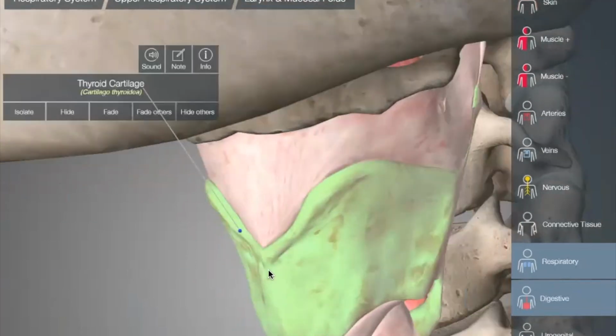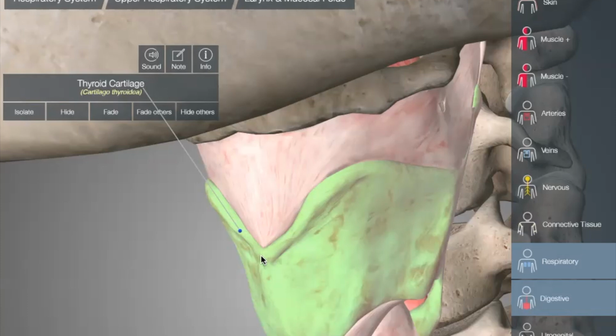Adam's apple is due to this part. It is very prominent in some males. The thyroid cartilage is responsible for the Adam's apple prominence in the throat of many males. Okay. This prominence is called laryngeal prominence or Adam's apple. Okay.